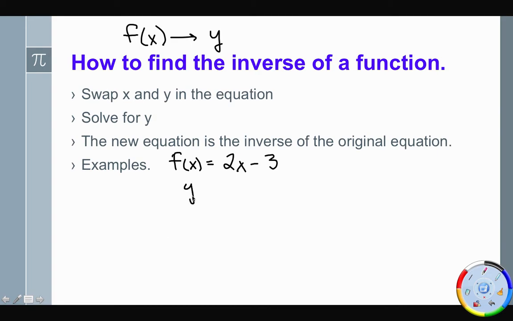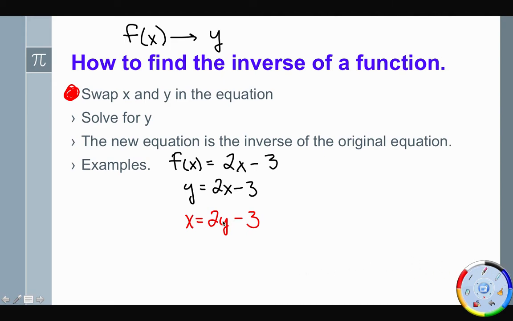So we're going to say this is y equals 2x minus 3. You'll notice this is a linear function. What we need to do now is swap x and y. We just trade places. So this is going to be x equals 2y minus 3. So that is the swapping of x and y.